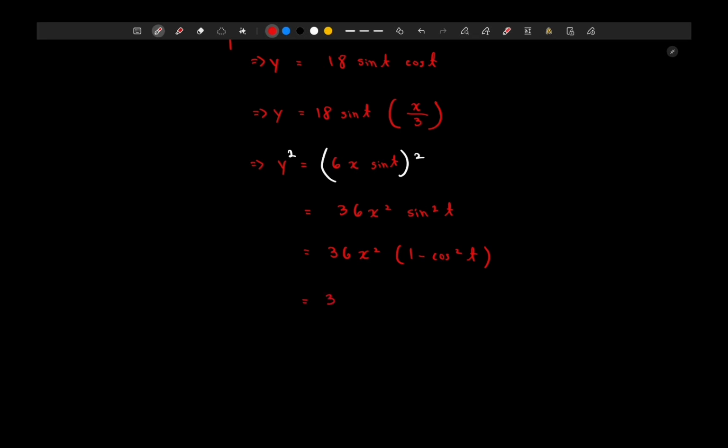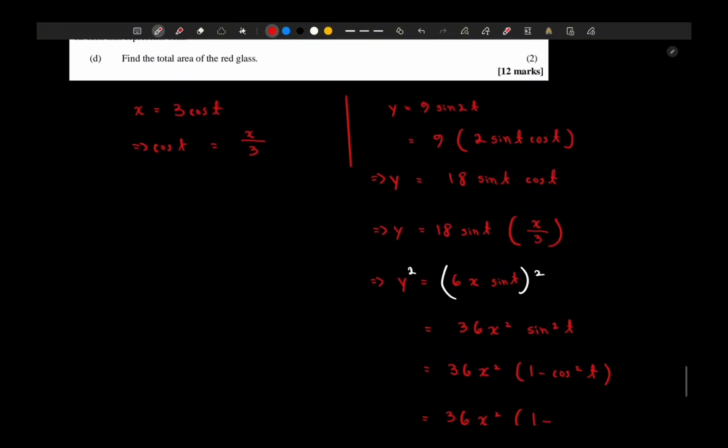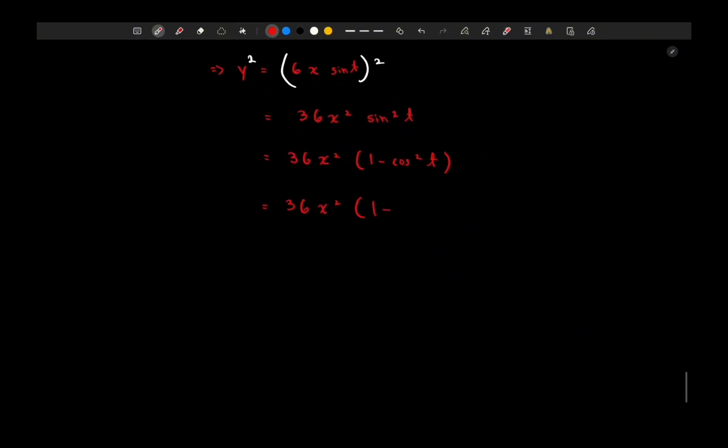And we can replace cos squared t with x squared divided by 9. So that gives us 36 x squared times (1 minus x squared over 9), which is 36 x squared minus 4 x to the power 4. So that is the answer to this part.